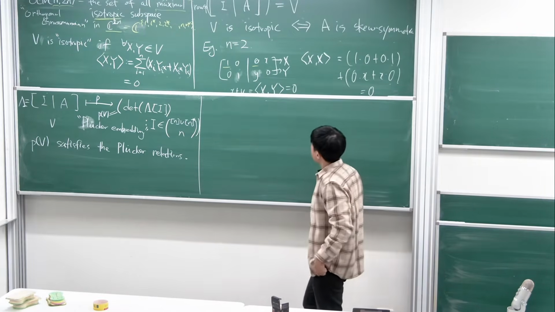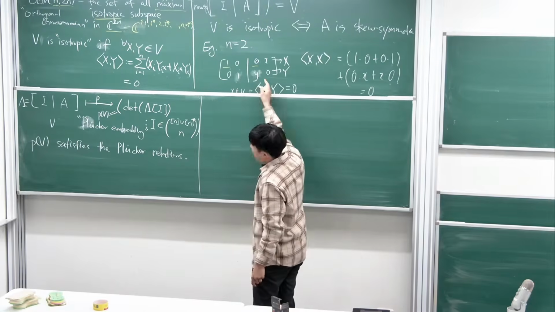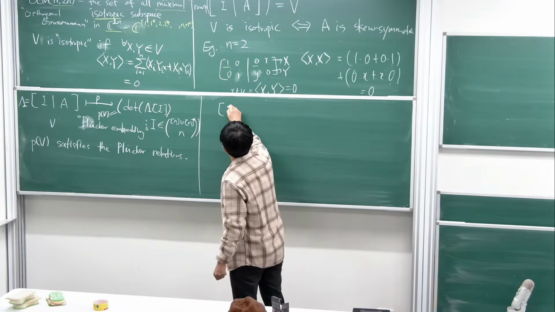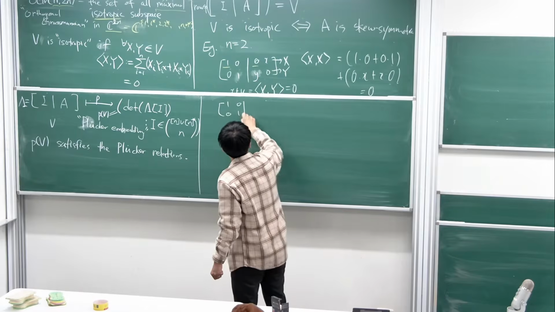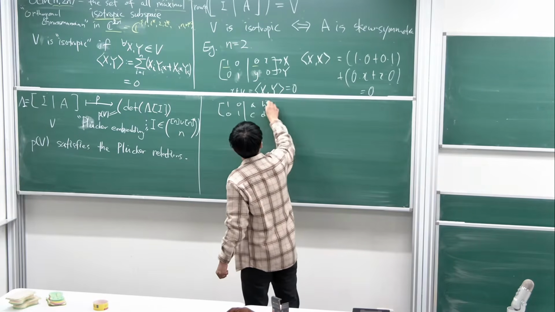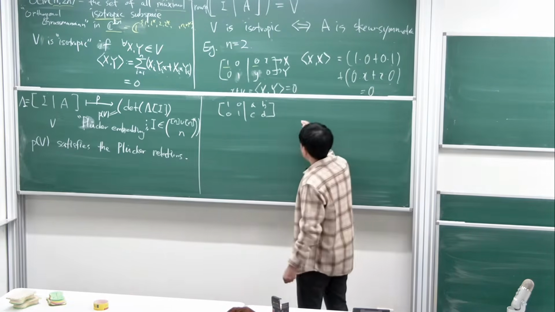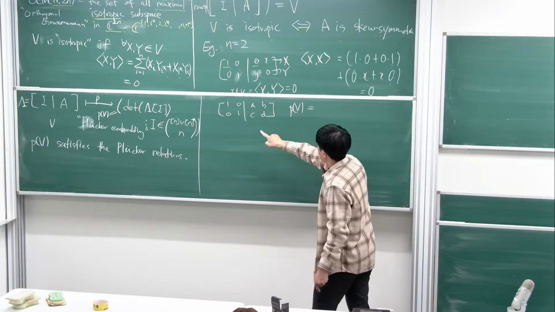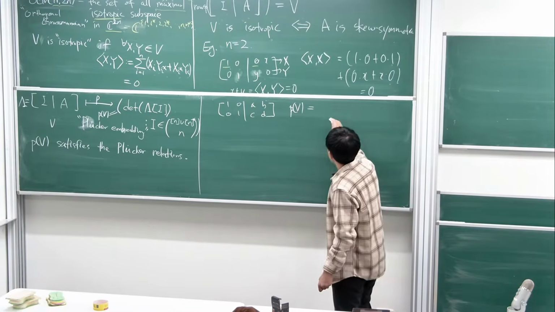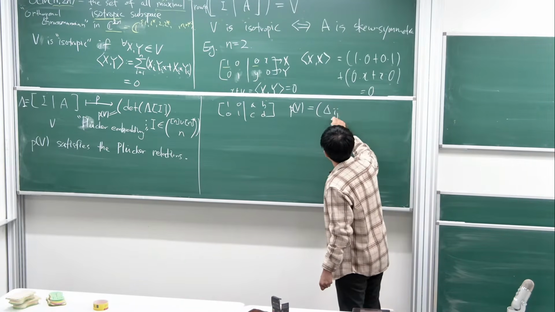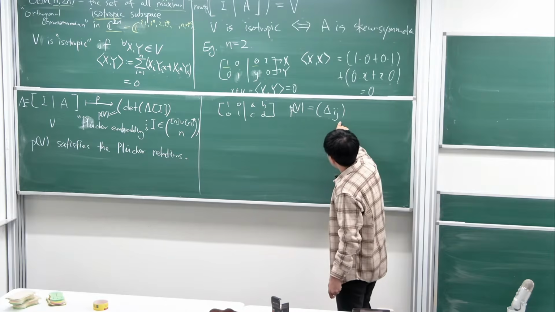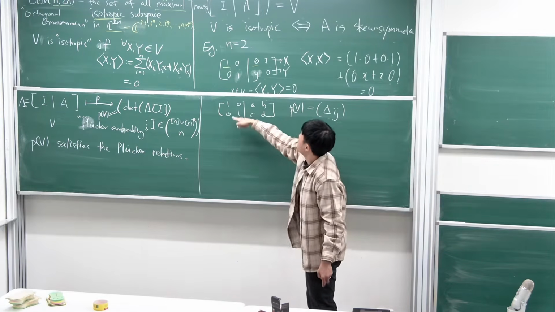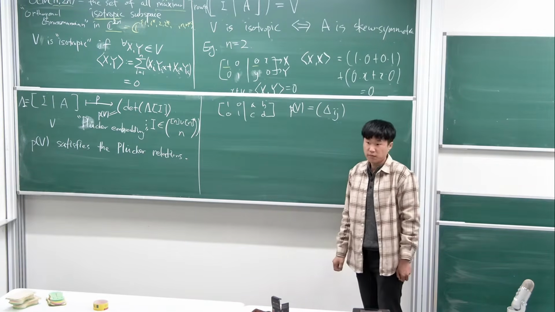So rather than the isotropic case, I will consider a general case: A, B, C, D. Then our P_V is the determinants of those things, and I will denote them by delta ij. What I mean is that delta ij is the determinant whose columns are exactly i and j.